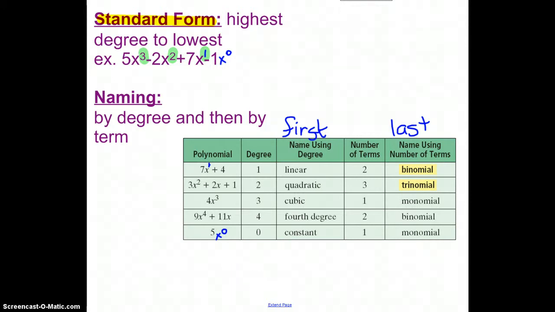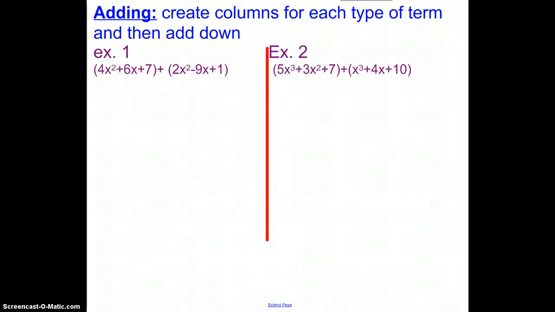Okay, let's go on to adding. Now in adding, I'm going to go through and do something similar to what you did probably when you were in elementary school. If I had to add 2 things together that looked like this, in order to solve it, if I were doing it by hand, I would actually line up my things so that the things that belong together were in the same columns.